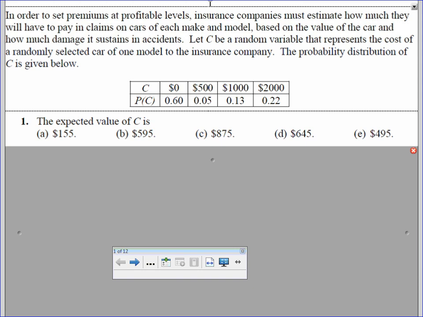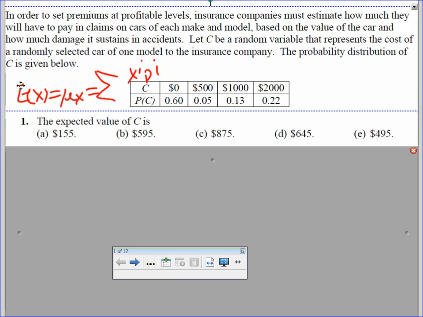In order to set premiums at profitable levels, insurance companies must estimate how much they have to pay out in cars. So remember, the formula for the expected value is the mean of x, which is the sum of x sub i, p sub i.